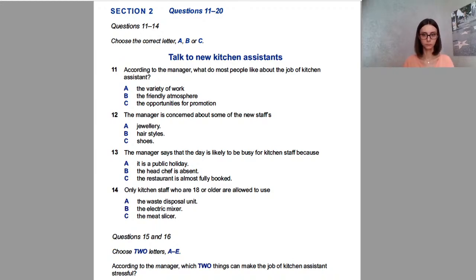First, you have some time to look at questions 11 to 16.